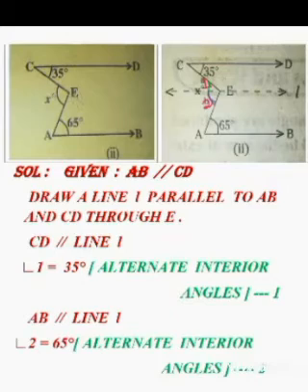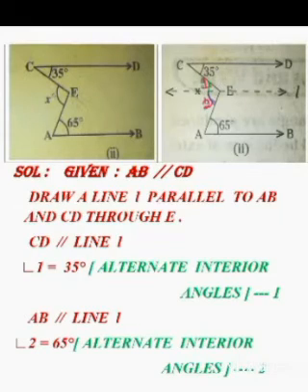Let us draw a line L parallel to AB and CD, which passes through E. So first let us name this angle as angle 1 and this as angle 2. First let us find the measure of angle 1.